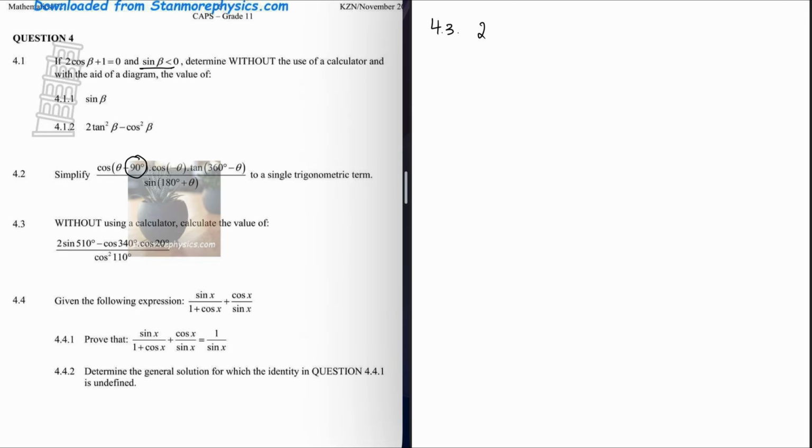So 2 sine 510. Because this angle is greater than 360, we can subtract 360. So if I have to go and subtract, let's write it on the side, 540 minus 360.